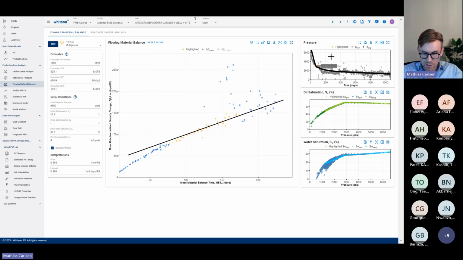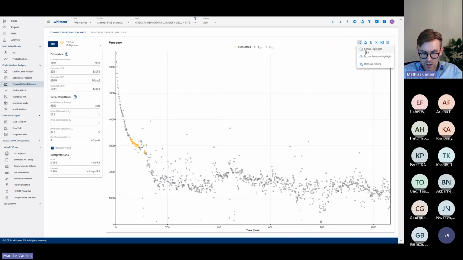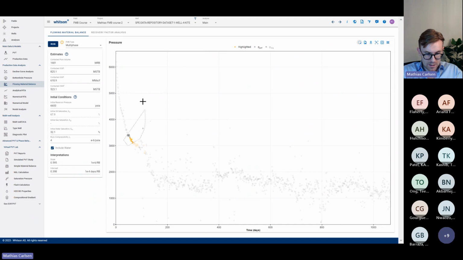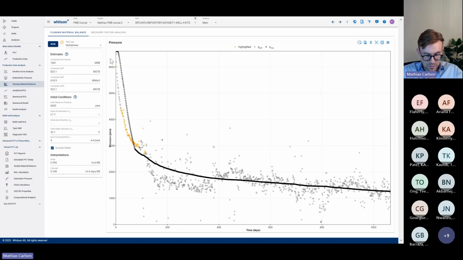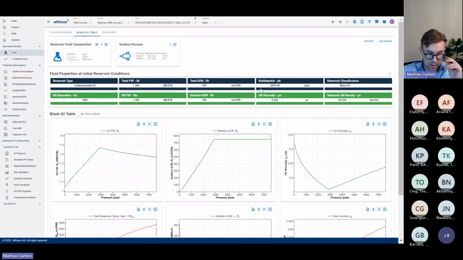But if you want to convince yourself, you could use the highlight on either of these plots. We know in this plot right here, for instance, lasso highlight, that is something you could do here, and this is like 3,000 something. The saturation pressure, we know the saturation pressure is like 2,900.